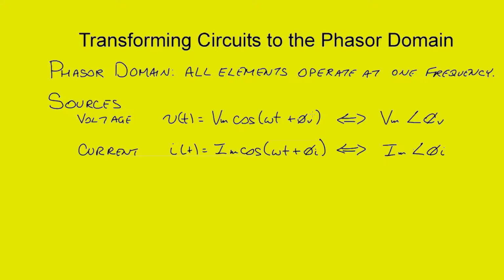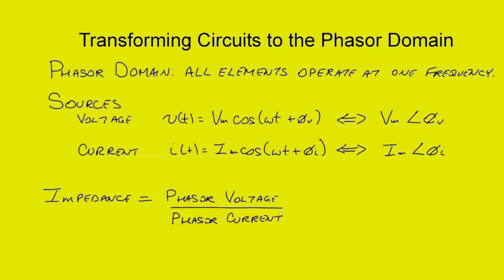For the passive elements, resistors, capacitors, and inductors, it may not be obvious from our earlier discussion, but the big simplification that occurs in the phasor domain is that the voltage-current relationships are a modified form of Ohm's law. We express this modified form as an impedance, which sounds like resistance, and it kind of looks like resistance in that it is simply the ratio of the phasor voltage across the element to the phasor current through the element.